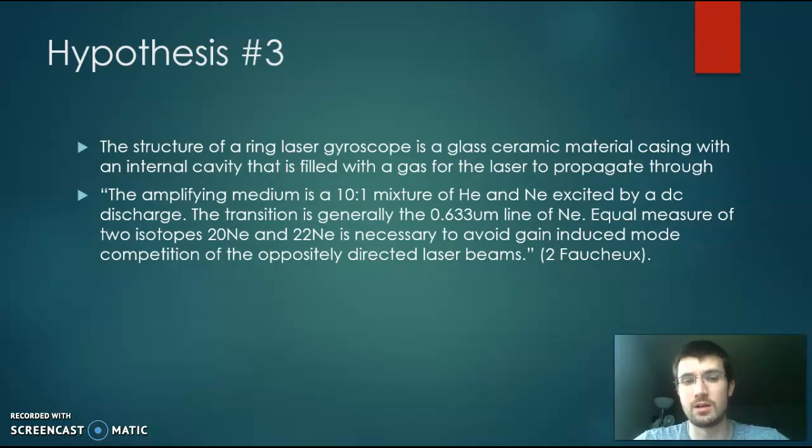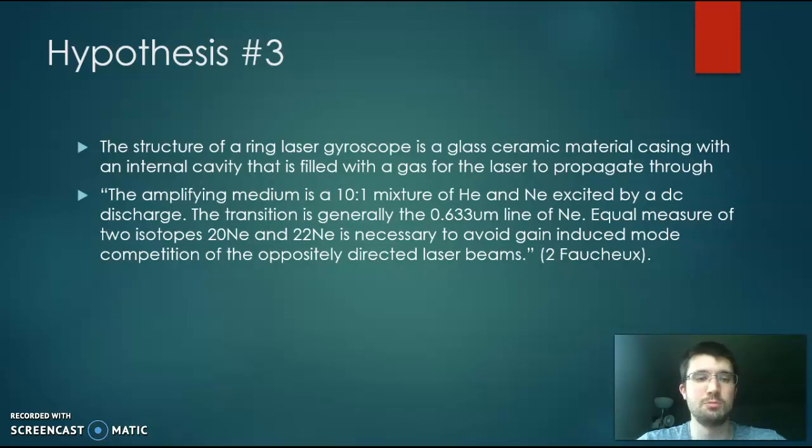I've read a lot of papers on it, and the best I saw was Fouchaux's quote here, that the best gas to have internal to that to create the best quality laser is a 10-to-1 mixture of helium and neon.